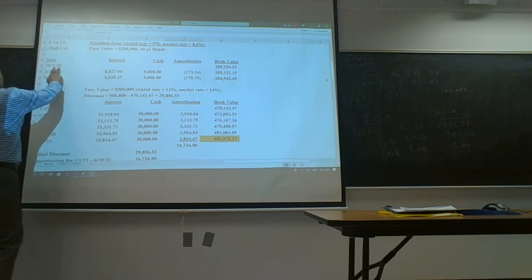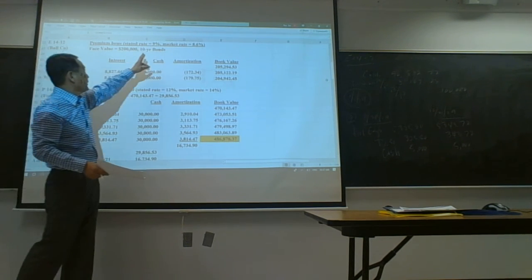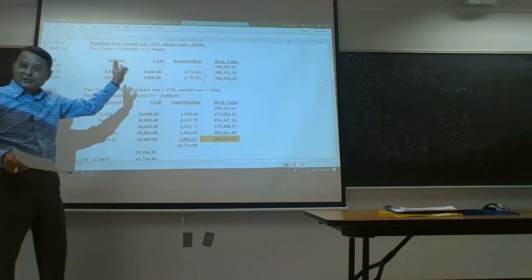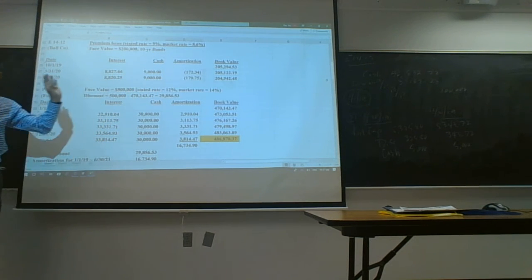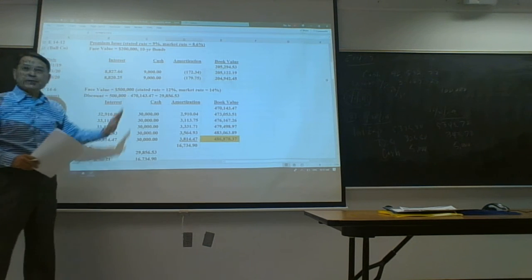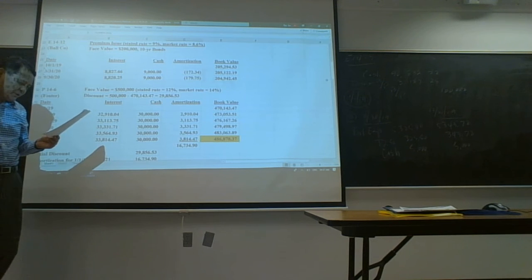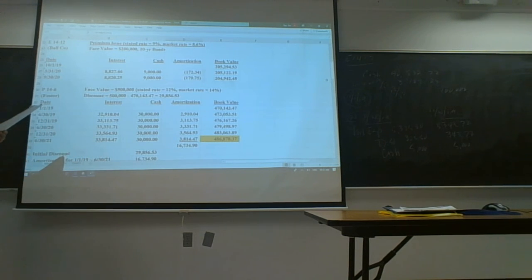On October 1st, 2019, a company issued a 9% bond. The stated rate is 9%. It is a 9% bond with a face value of $200,000. The bond matures in 10 years, a 10-year bond.